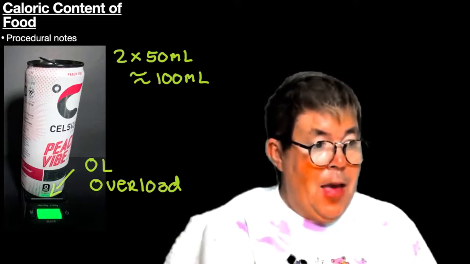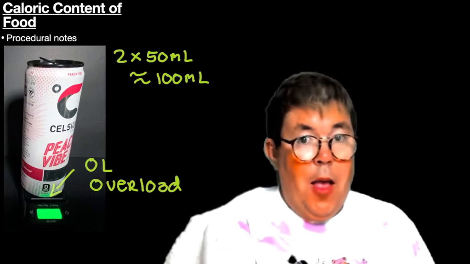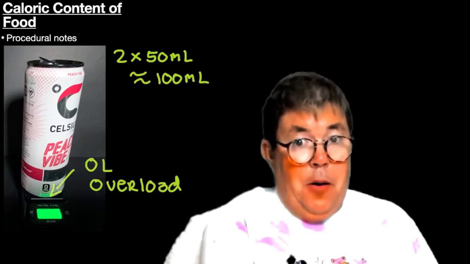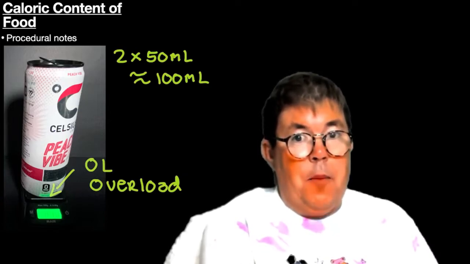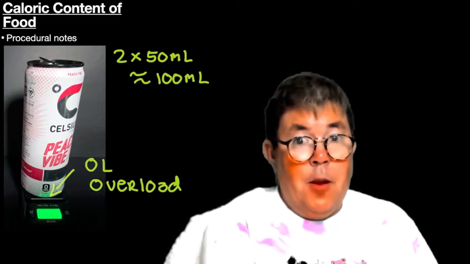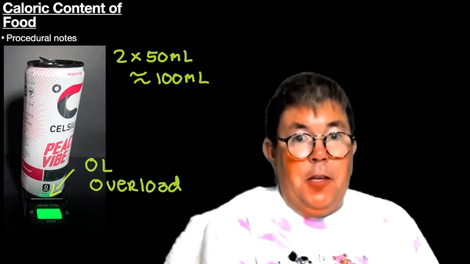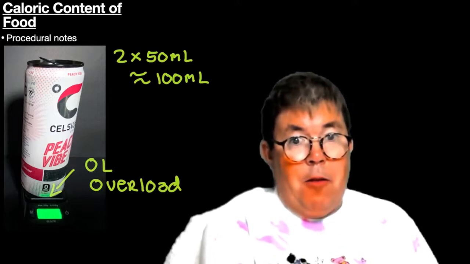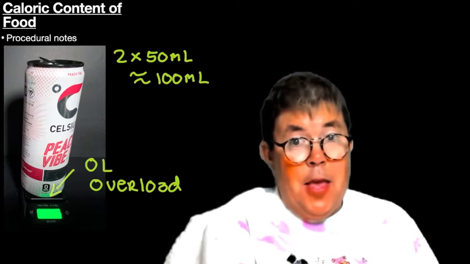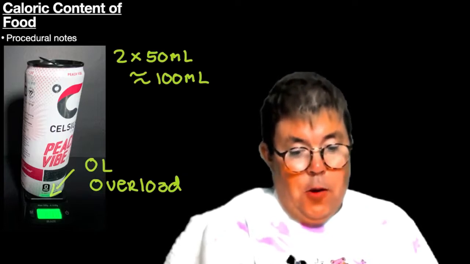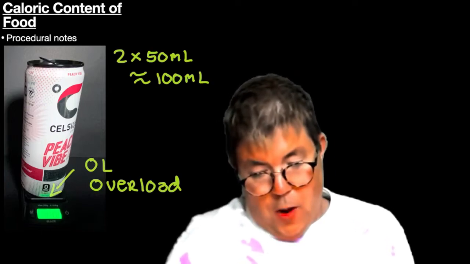What I ask everyone to do is to fill the can up with 100 milliliters of water approximately. Get to this particular point on the balance and then pour out a little bit of water so that we can actually read the weight.